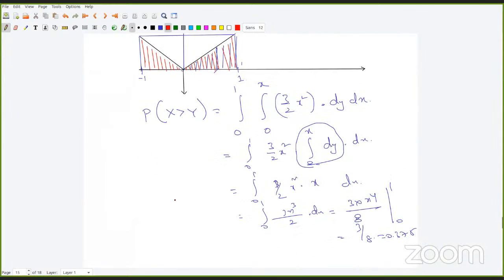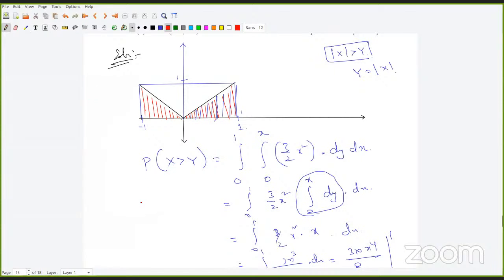The integral from minus 1 to 0, and x is in between minus 1 and 0, and the limits of y will be 0 to minus x.